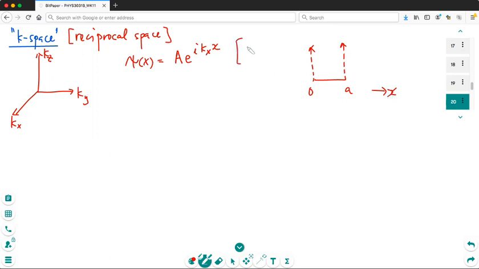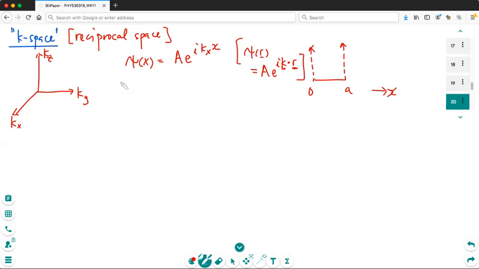In 3D it is vector r, and I will have some maybe different A, it doesn't matter, times e to the i vector k dot vector r. My vector k will have components kx, ky, kz. Once I solve the 1D problem, you can just copy the rest.